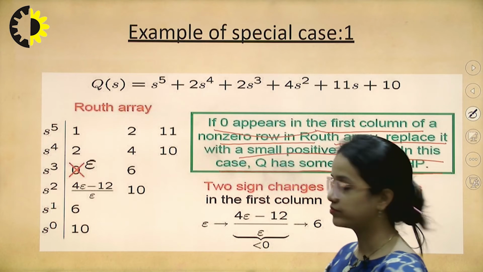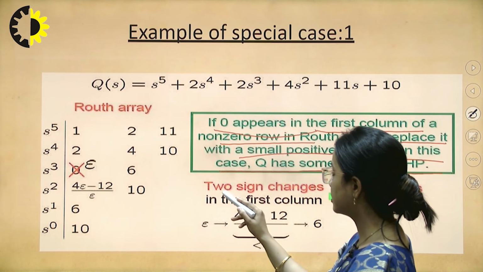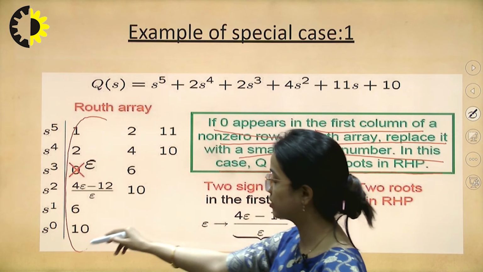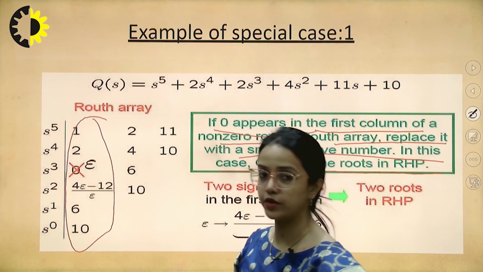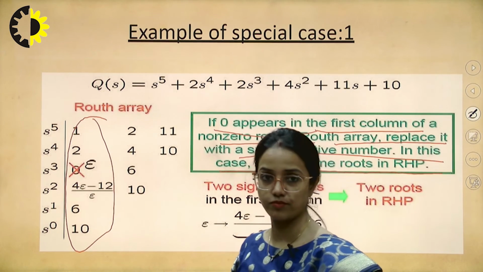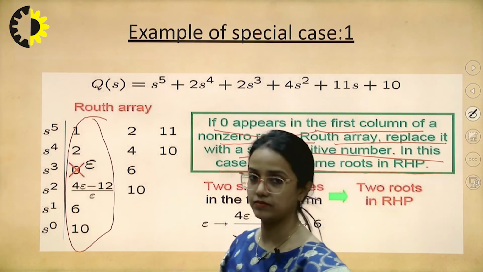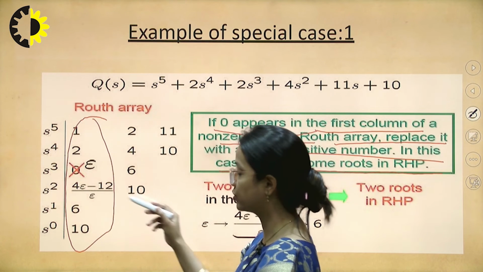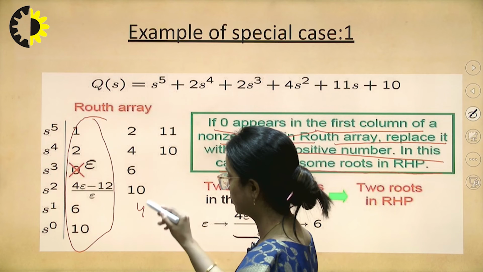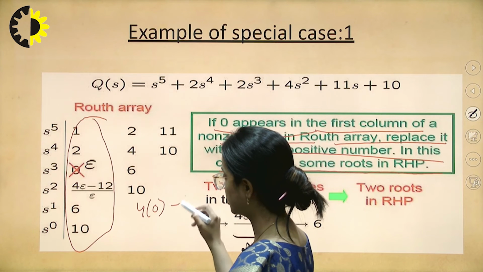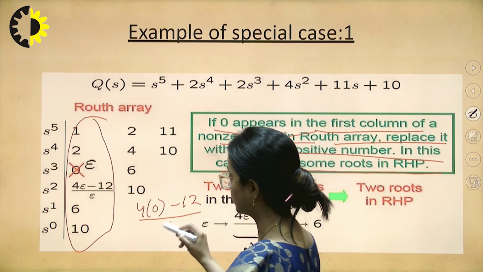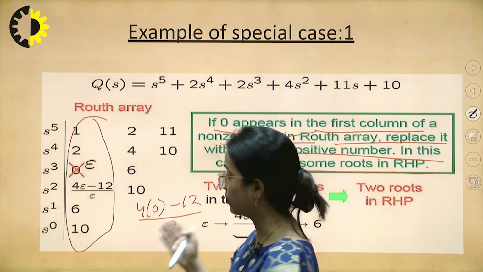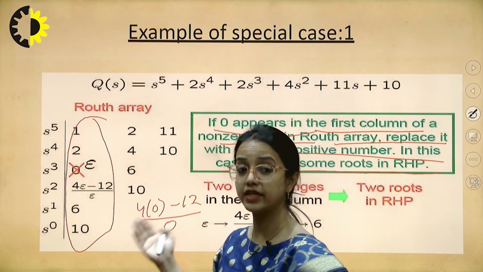So let's say we can substitute and visualize this row now. What we are doing? Zeta is nothing but 0, we know. Substitute 0 here. So this is 4 into 0 minus 12 upon 0. Upon 0 is infinite, fine. But that infinite comes with a negative sign.